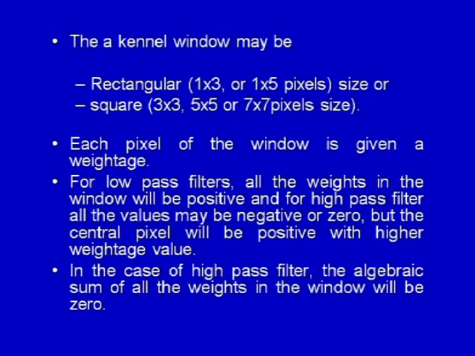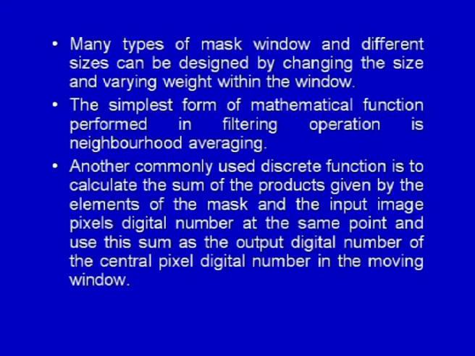For low pass filters, all the weights in the window will be positive, and for high pass filters all the values will be negative or 0, but the central pixel will be positive with higher weightage values. In the case of high pass filter, the algebraic sum of all the weights in the window will be 0. Many types of mask windows and different sizes can be designed by changing the size and varying the weight within the window.